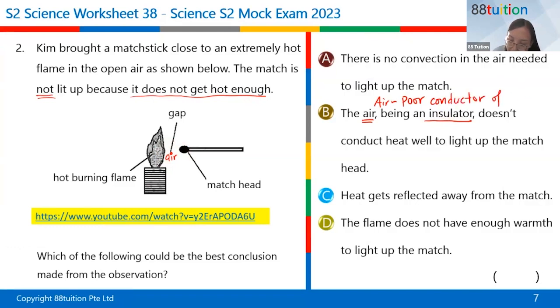A poor conductor of heat, in other words, is a good insulator. It means the same thing. So it does not conduct heat well to light up the match head. This is the match head here.